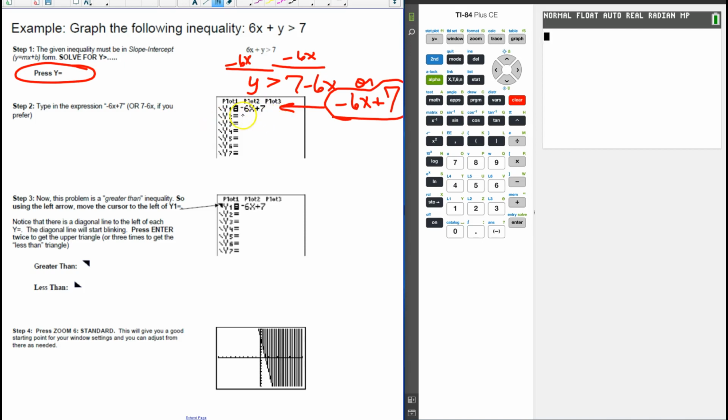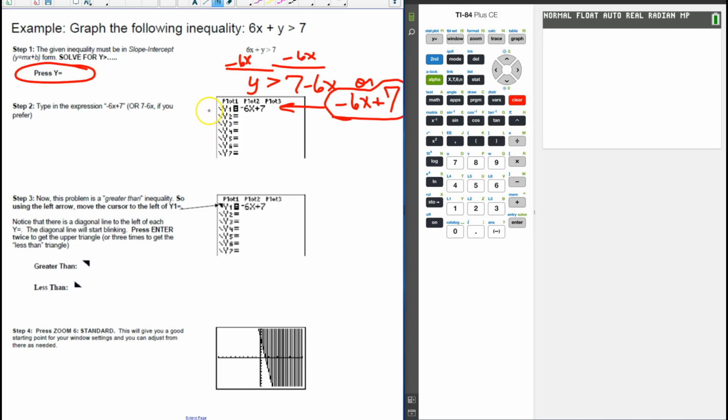Okay. Now, notice right now, if we were to hit graph or zoom 6, this would just draw a straight line, because that's y equals mx plus b. Well, remember, we're wanting to graph where the y's are greater than that expression. So, over here on the left of y1, something you might have noticed before, but we haven't done anything with it.